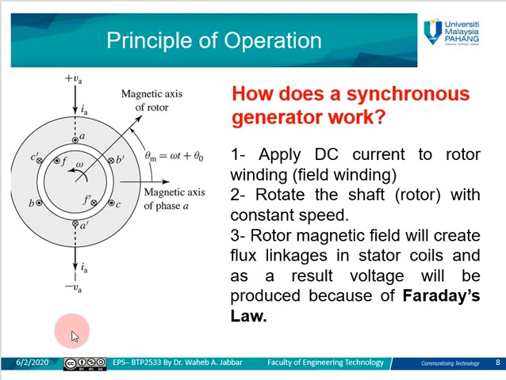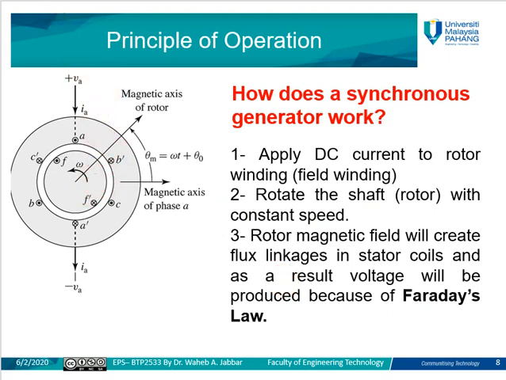Principle of operation. If we go to the principle of operation of the synchronous motor, or synchronous generator, synchronous machine in general: we said the field winding is placed on the rotor, while the armature winding is placed on the stator.